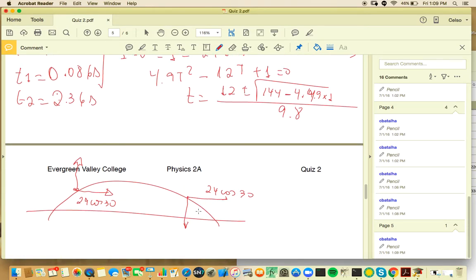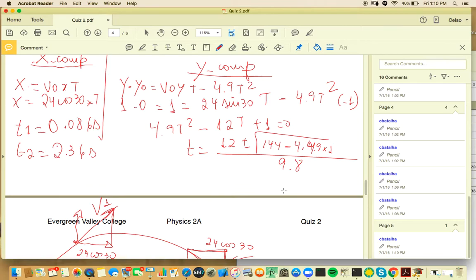So basically, if we want to find the velocity vector, it is the adding of these two vectors. This and this, and you have something like that. And in this case, this and that, you have something like that. So this is V1, this is the V at the second point. And what you need to find then is the vertical component of these velocities, and you can find it using the equation for velocity.